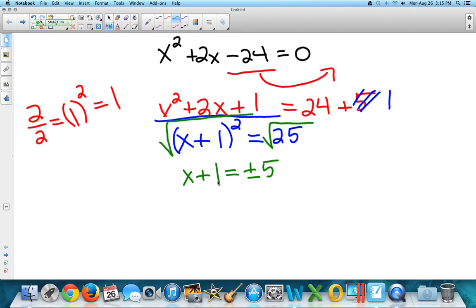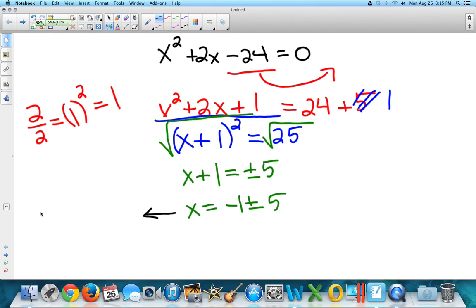I'm going to pull the positive 1 over, basically subtract it from the other side. So I'll get x equals, notice I'm going to put my negative 1 first, plus minus 5. Now this branches off into 2 solutions.